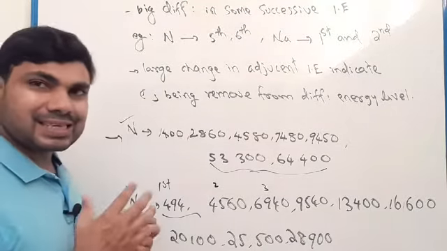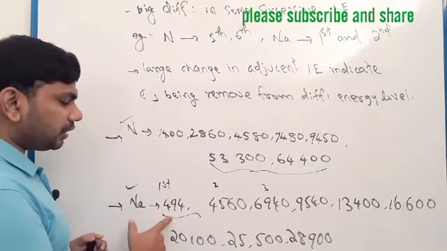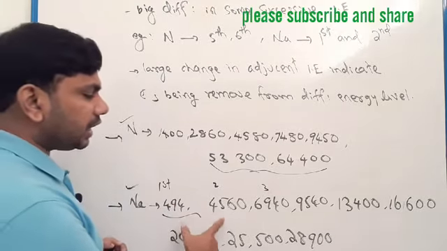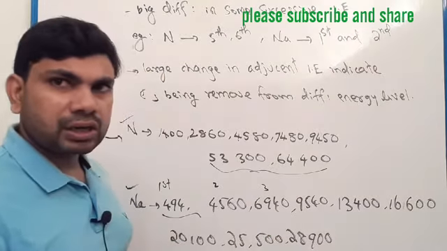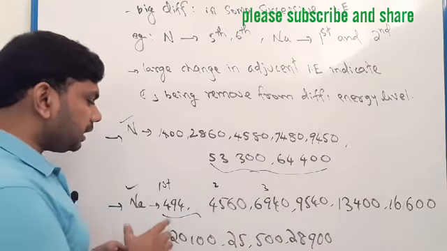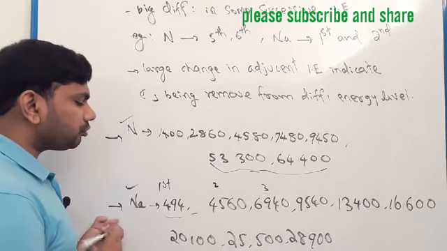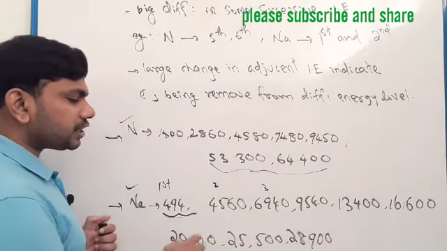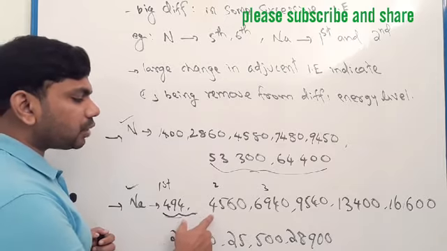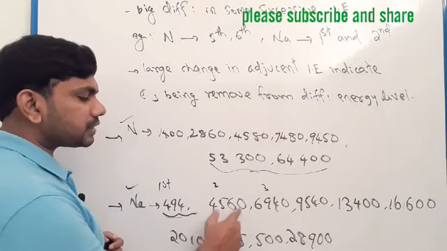These are successive ionization energy of sodium. First ionization energy, second ionization energy, third ionization energy, etc. Okay, so you can see here first ionization energy, it is 494. Second ionization energy 4560.